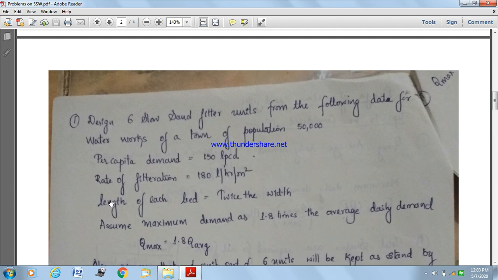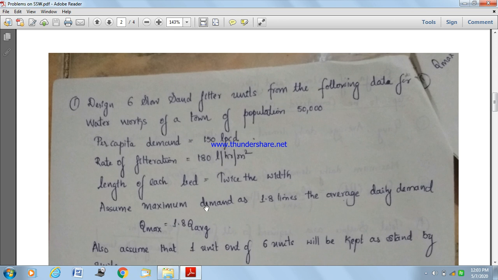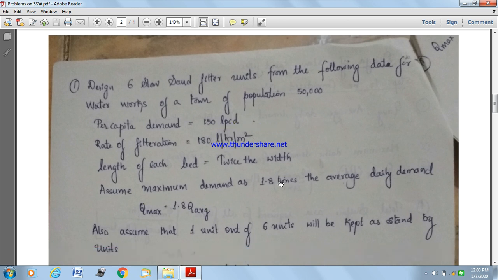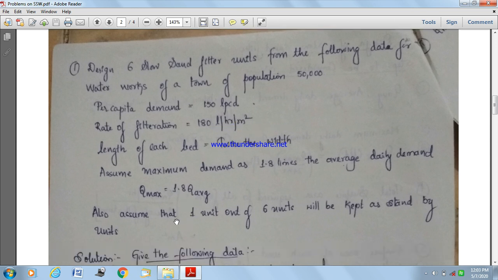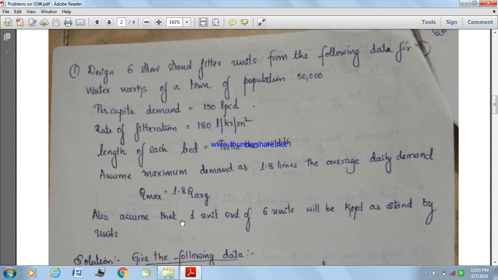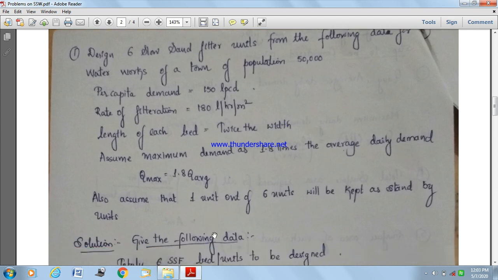Length of each bed is twice the width, L is equal to 2 B. Assume maximum demand as 1.8 times average daily demand, that is Q max is equal to 1.8 times Q average. Also assume 1 unit out of 6 units will be kept as a standby.